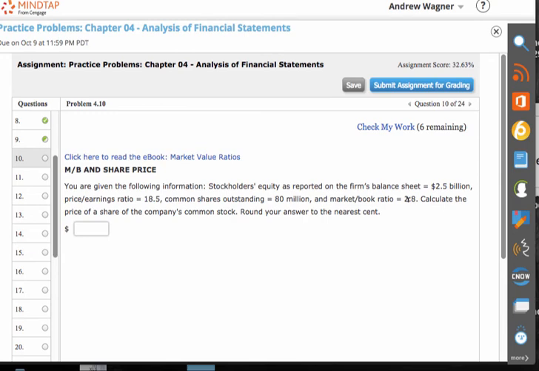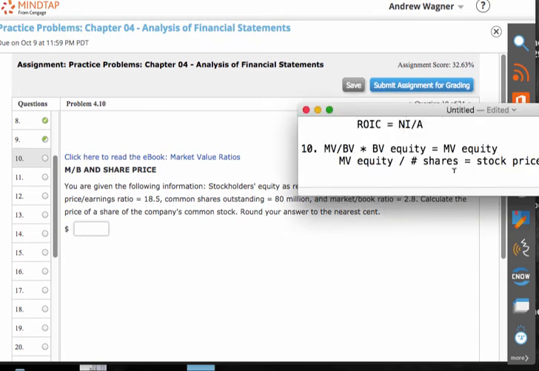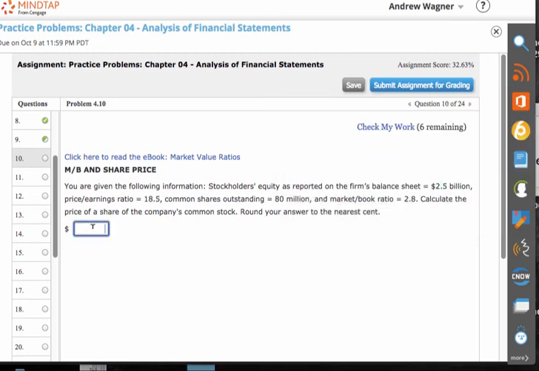Multiply that by the book value of equity, which is what's reported on the balance sheet, 2.5 billion, to get market value of equity. Then we divide by the number of shares, 80 million shares outstanding, and that should give us a stock price. The market value of equity divided by number of shares outstanding is the market value per share. When I do that, I'm getting 87.5.